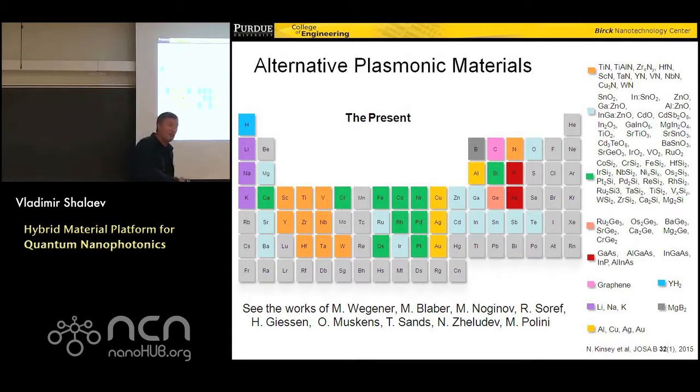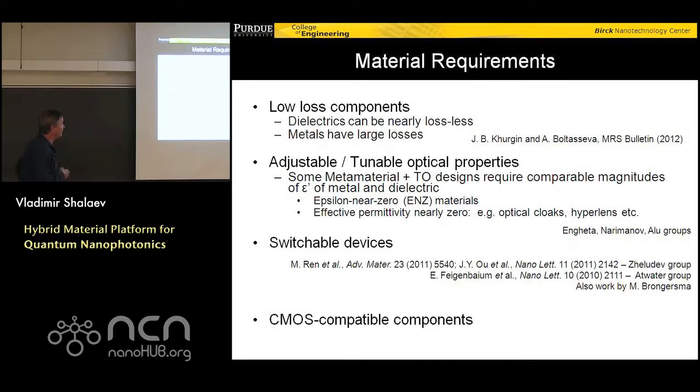Material platforms to be used for a particular technology, in this case, quantum photonics, and also the ideas which you want to bring to realize quantum photonics. Like in this case, we'd like to use ideas of plasmonics and metamaterials. So what are the material requirements? At least for nanophotonic circuitry, you would like to keep losses low.